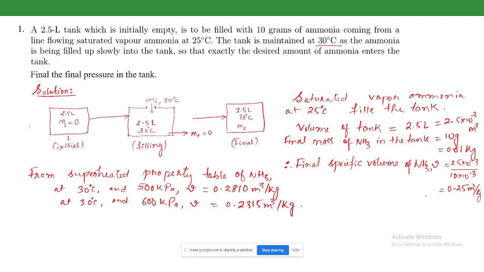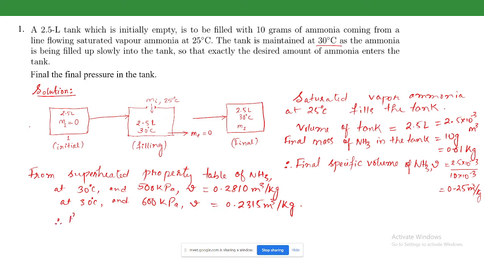So we can see that the final specific volume of ammonia, when it is maintained at 30 degrees Celsius, is between these two values. So the final pressure will also lie in between these two values. So we can find the final pressure by interpolation.